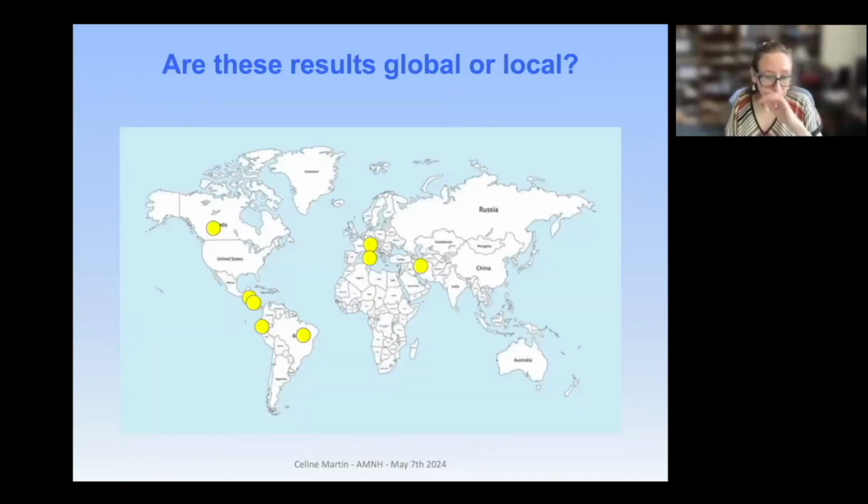The results I'm going to present today have been collected in serpentinites from somewhere worldwide. We have samples from Canada, Nicaragua, Guatemala, Ecuador, Brazil, Corsica, the Alps, and Iran. So I think we can say that it's not a single subduction zone that has this behavior, but that the results we have are somewhat global.